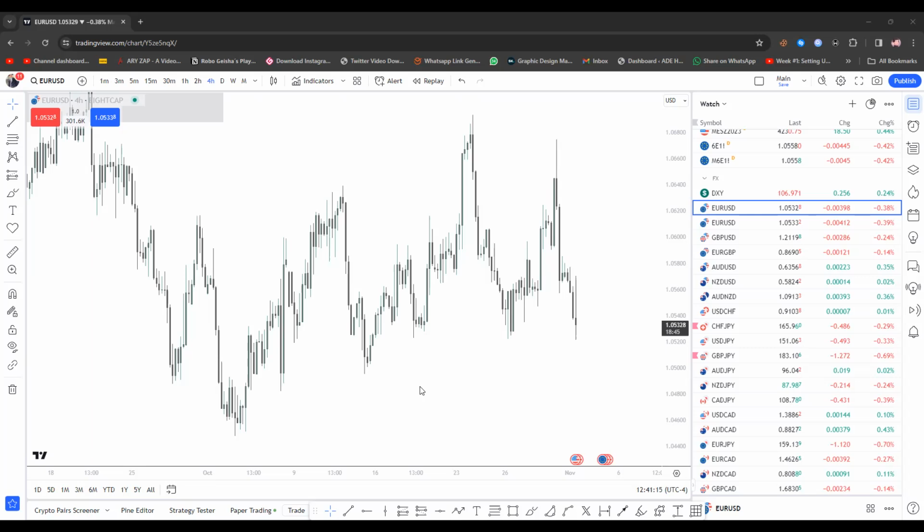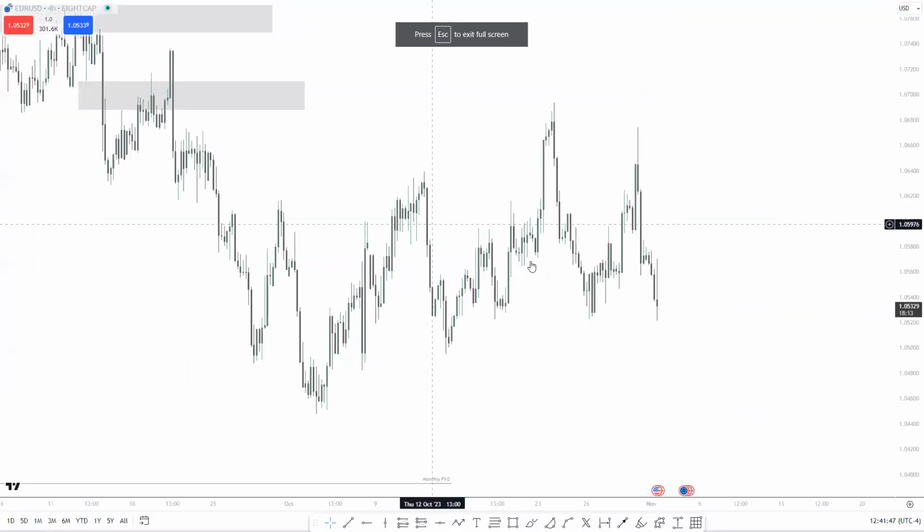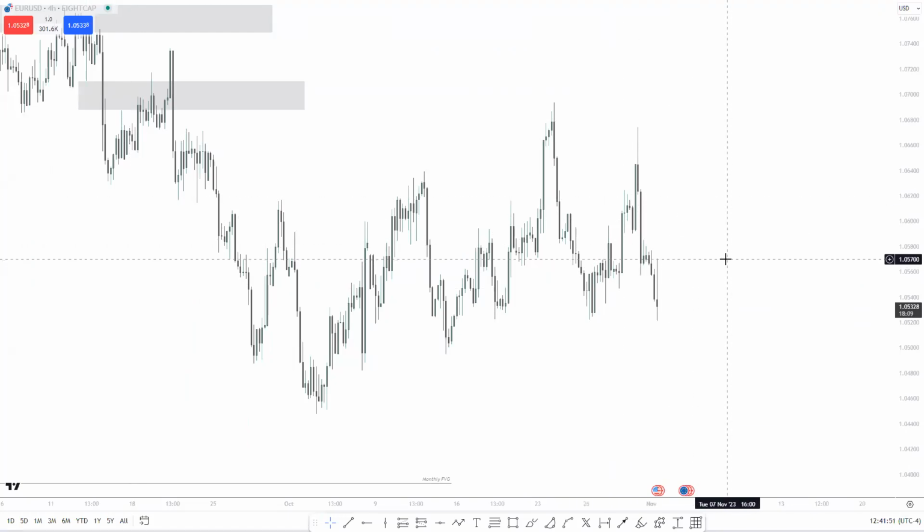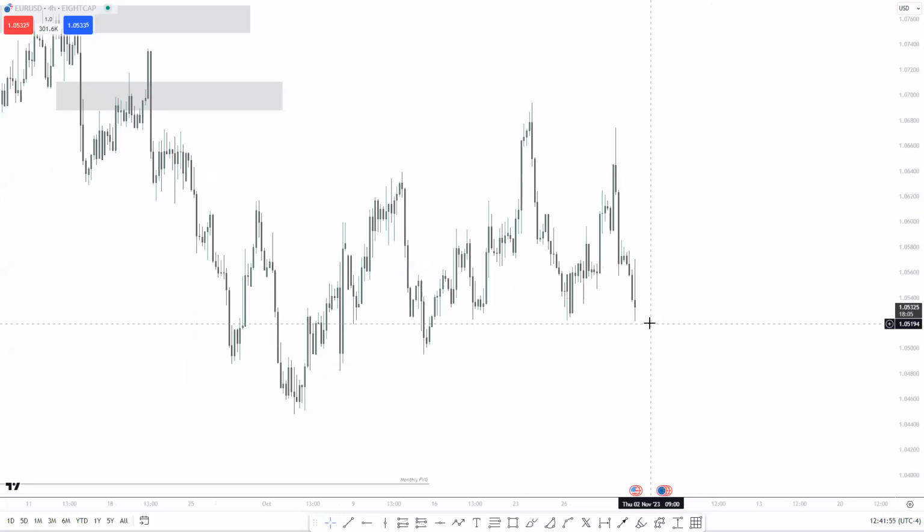Yeah, so we are going to learn top-down analysis, how we go from the high time frame to the lower time frame chart. What do we want to see? The purpose, according to me, and how I look at it, the reason for doing top-down analysis is to have your draw on liquidity.